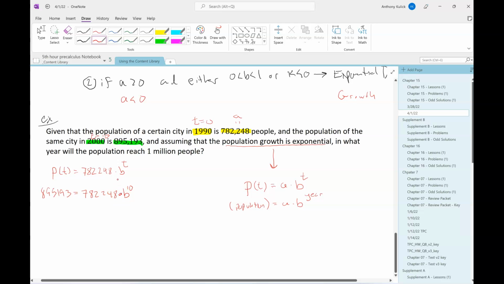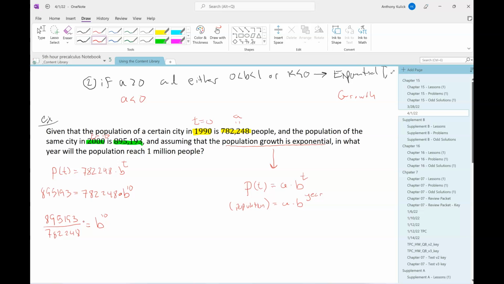So to move it to the other side, I have to divide. Okay. So now we have a b to the 10th on the right-hand side. How do I change that to just a b?